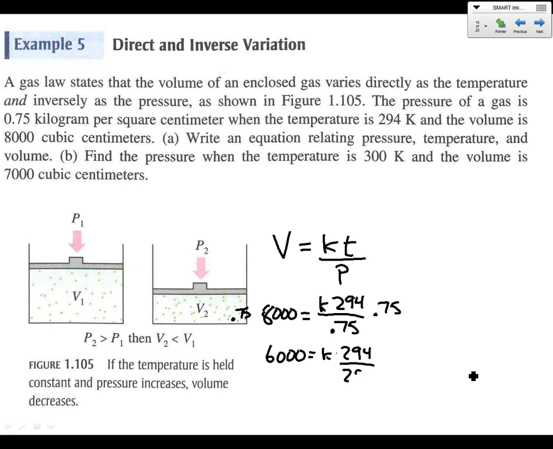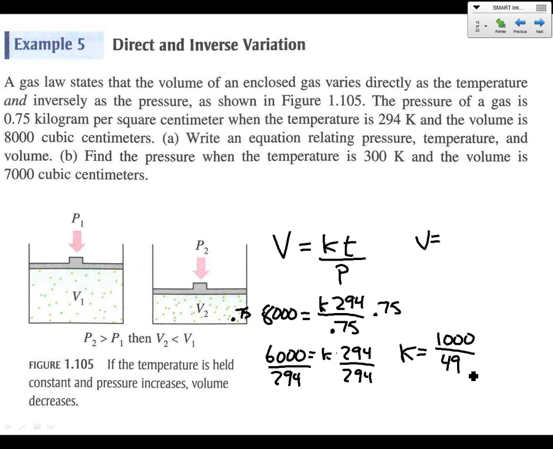Let's go ahead and divide. 6,000 divided by 294, if the book can be trusted, is going to be 1,000 over 49. The book leaves it as a fraction, so we'll go ahead and do that as well. If you did a decimal, definitely would not be wrong.